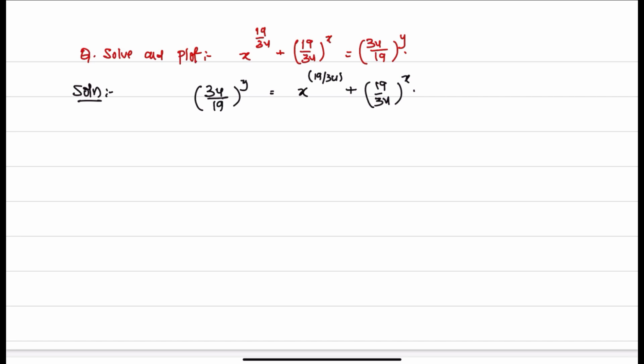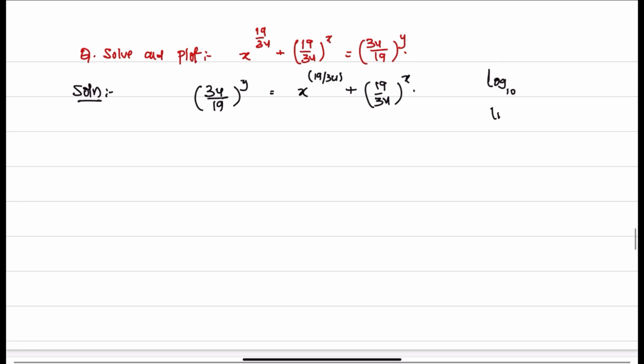Let us take natural logarithm on both the sides. What happens? Log should have a base. Usually it is used with base 10, if it is a logarithm with base 10.